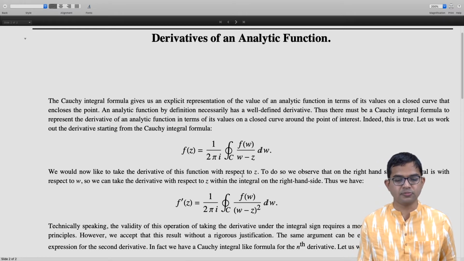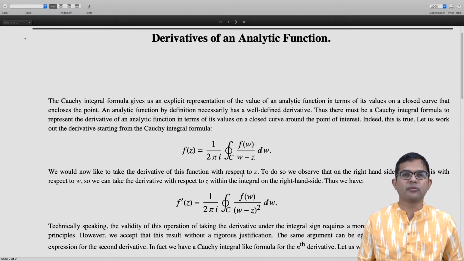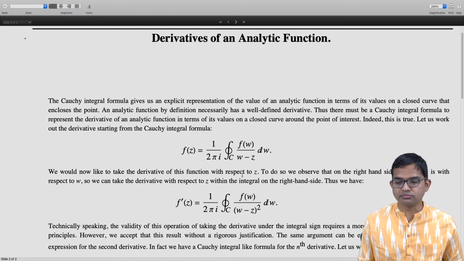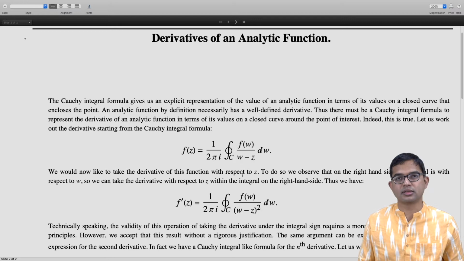Technically speaking, the validity of this operation would require some more justification, but we will accept this. This is indeed correct, and it can be argued for from first principles, but we will take this as a reasonable argument, and indeed it is true.